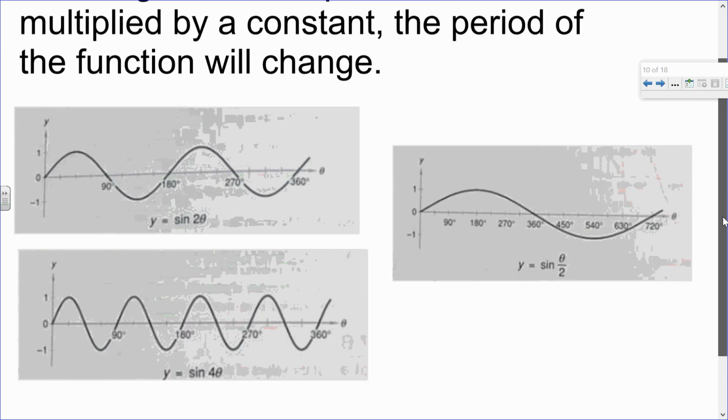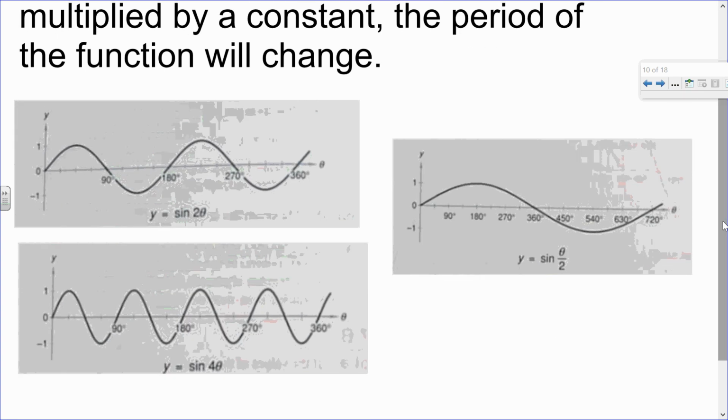So if we had the regular sine function, we know that it would have had a max at 90 and a center line there and a min at 270. We know that what I just drew would be the regular y equals sine of theta. Y equals 2 sine theta, I only needed 180 degrees to do one cycle.